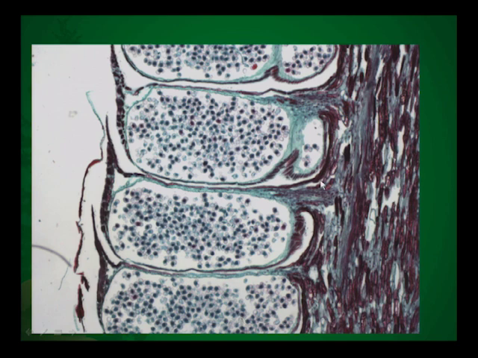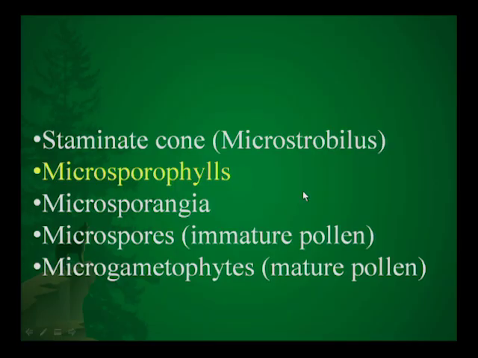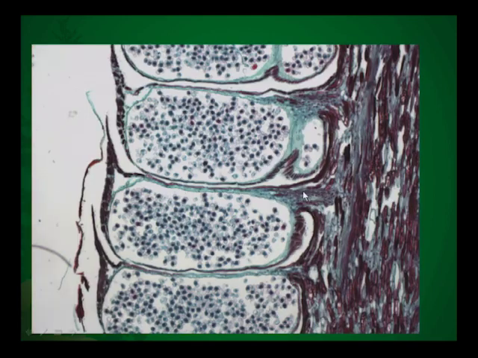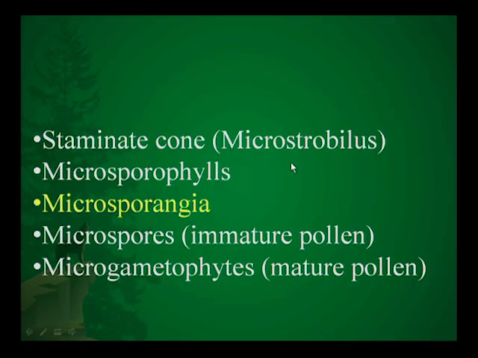It's composed of modified leaves, which would be the microsporophylls. Within the microsporophylls will be microsporangia. Within the microsporangia, spores will be produced, so that's where meiosis is going to occur. And these are the microspores.